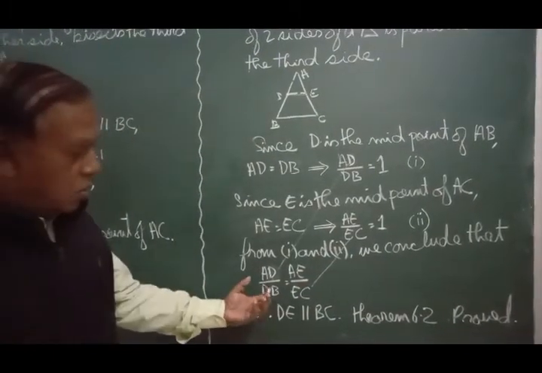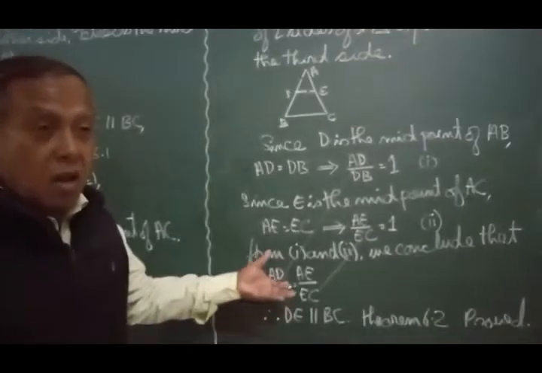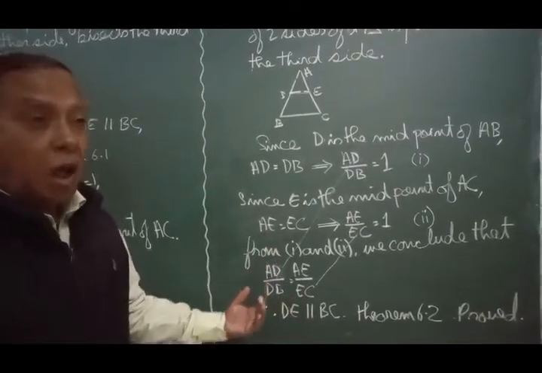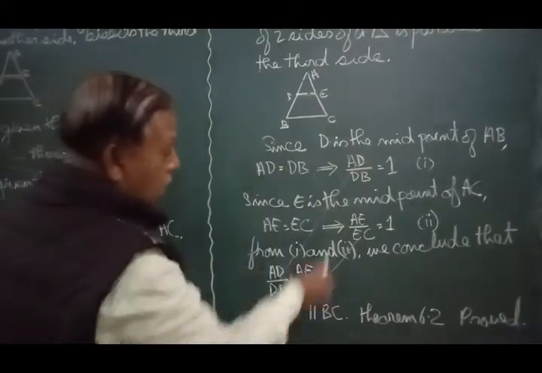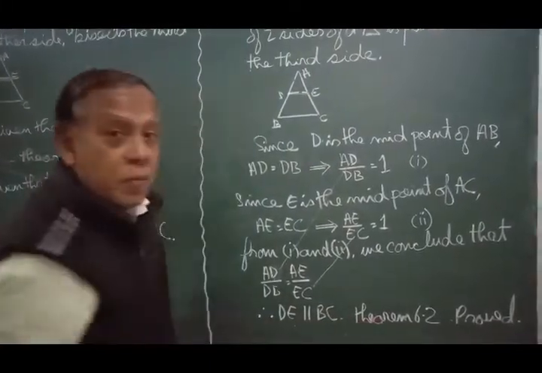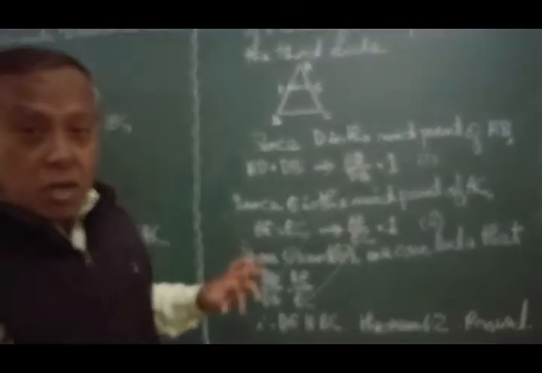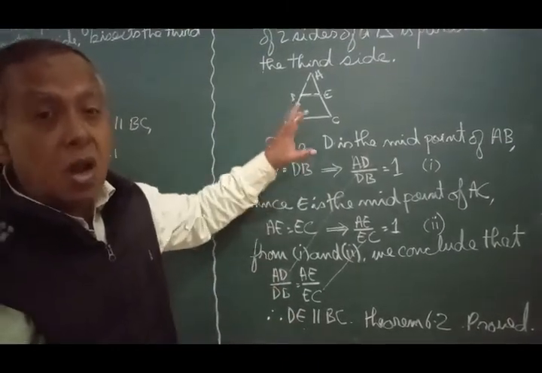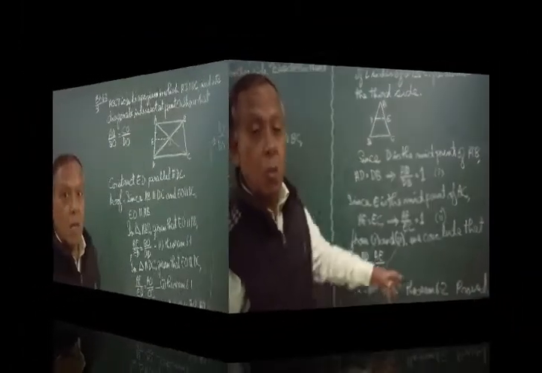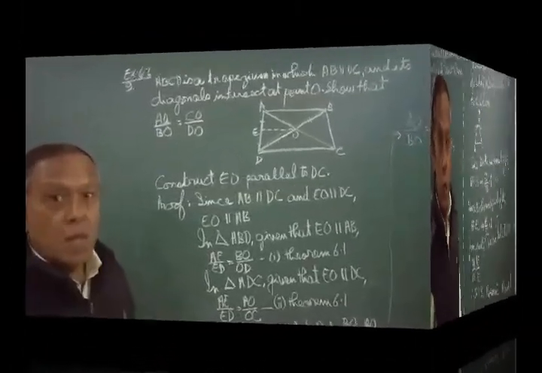Now look at this. The two sides are in this correct ratio, and therefore DE is parallel to BC according to theorem 6.2. If the sides are in the proper ratio, the other sides are parallel to each other. What is supposed to be proved?